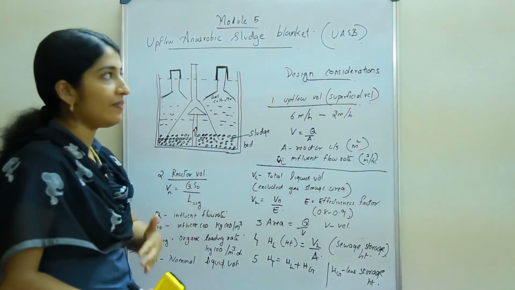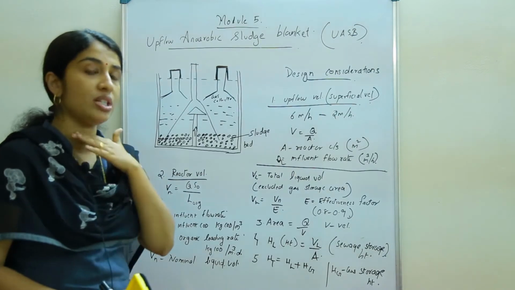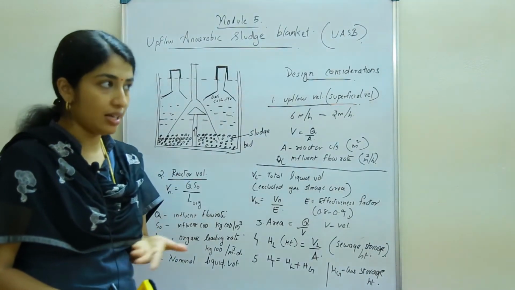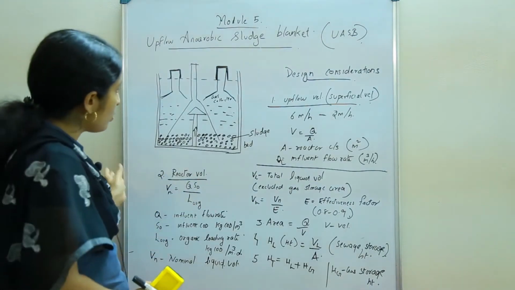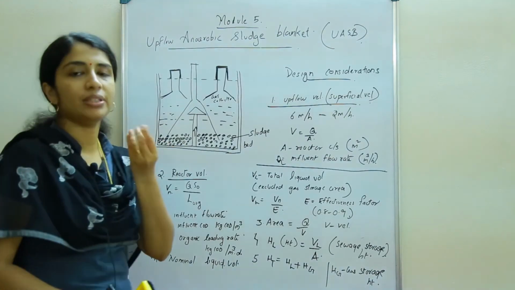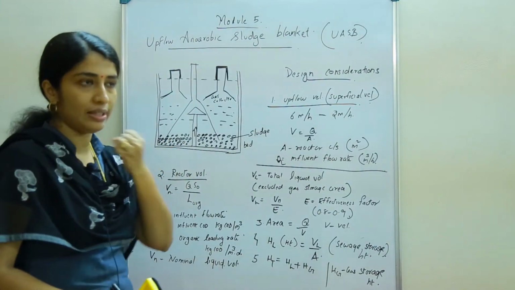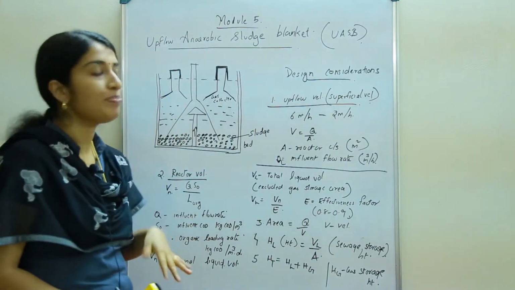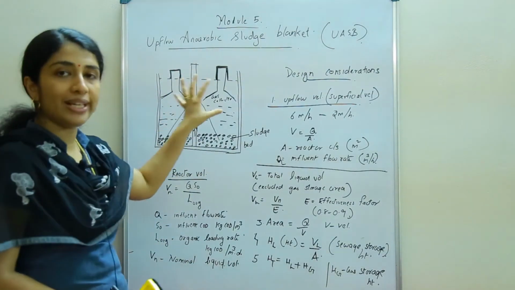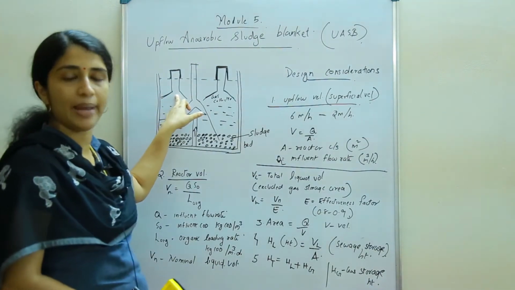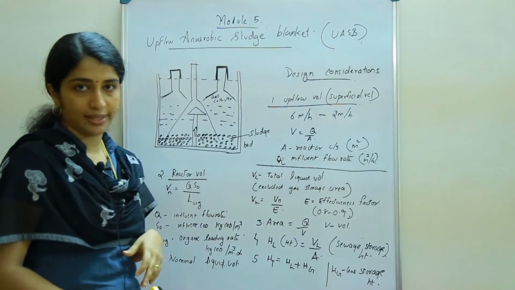We know that when anaerobic decomposition occurs, there will be evolution of methane, carbon dioxide, etc. These gases provide turbulence inside the UASB. The gases get collected at the top of the UASB using a gas collector.